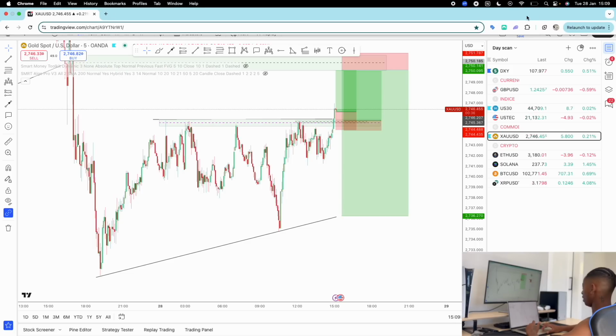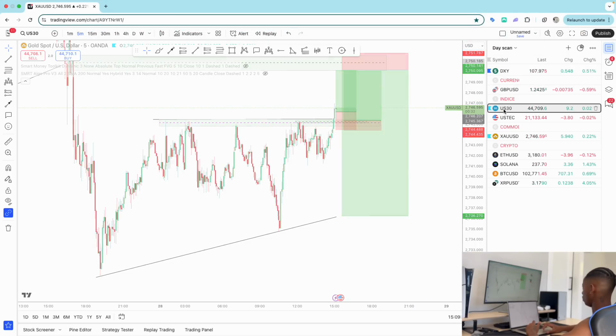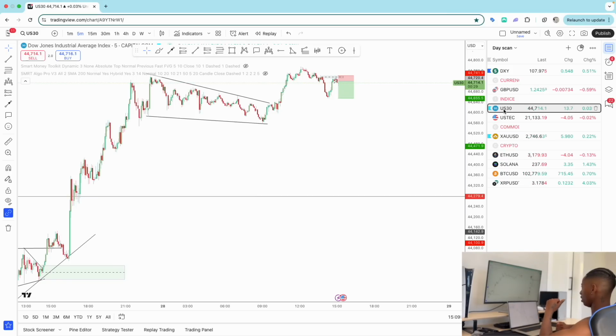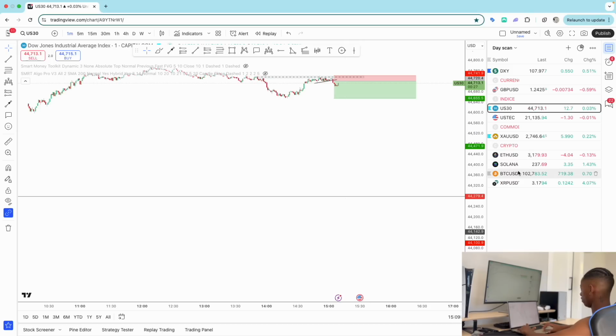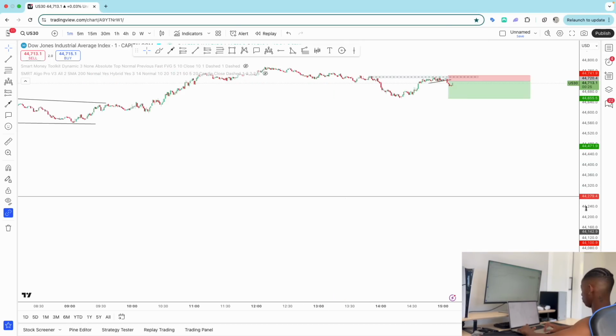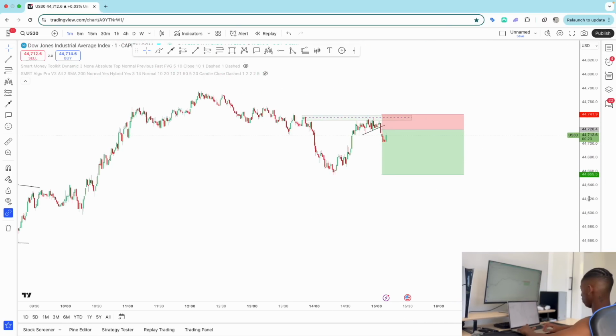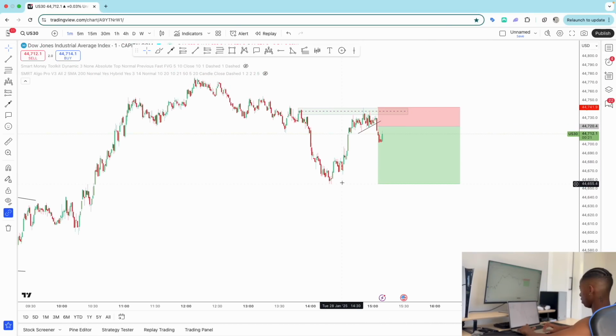Okay, but one thing that I like is the New York session. So we should be seeing things kicking in, price moving. Okay, so with this, I'll take it as a retest. Broke below here.